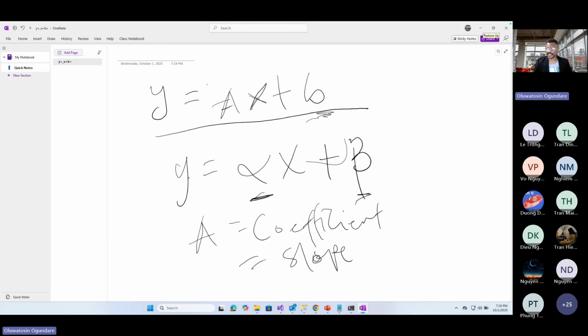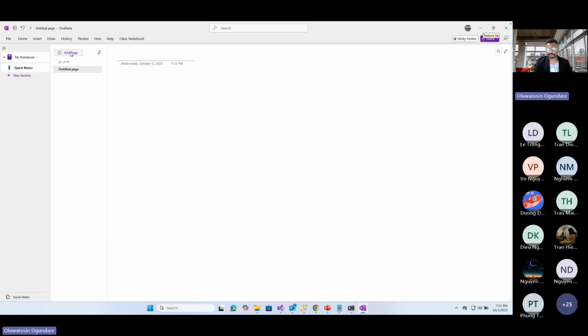And B is the intercept, right? B is the intercept, A is the slope. And when you have a linear regression model and they tell you it is alpha x plus beta, the point of this is that this generalizes to n dimensions, and I will explain what I mean by that.